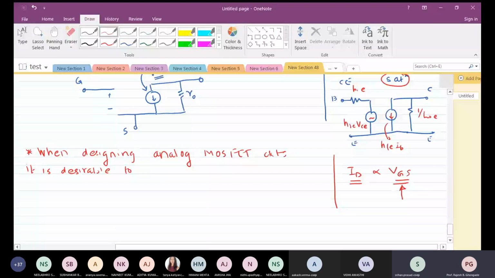That would be called biasing, just like your setting of base current in the case of bipolar junction transistors. Here we have to set this VGS in order to set the Q point. So it is desirable to find the gate to source voltage consistent.